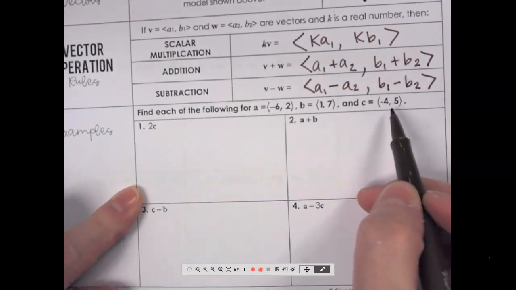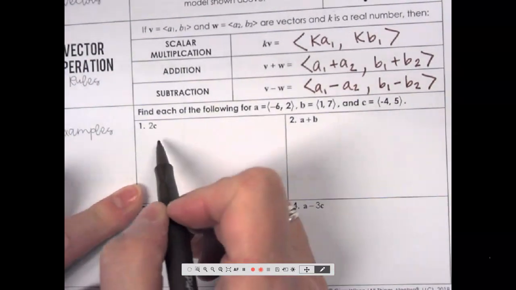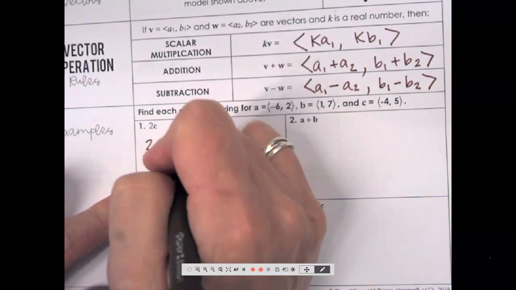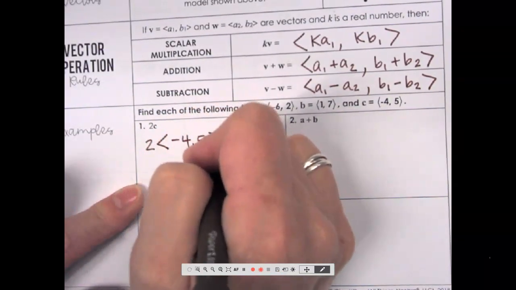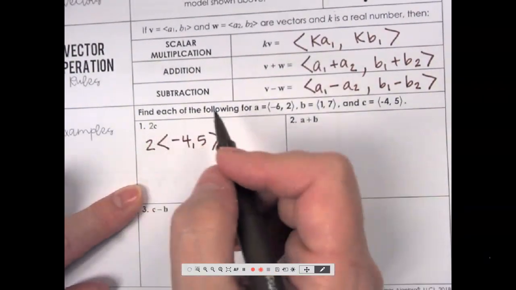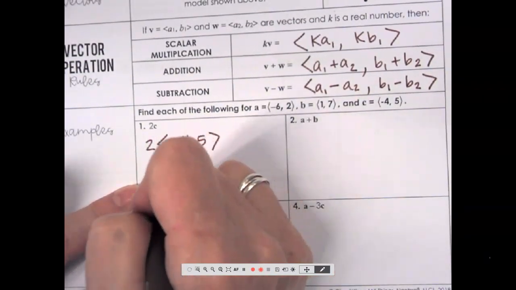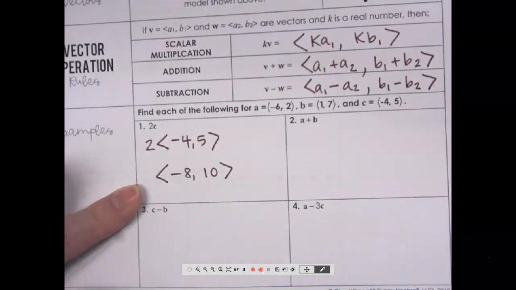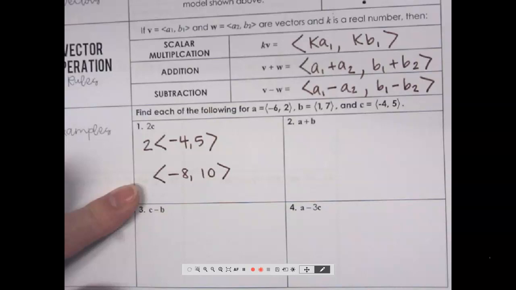Down here, let's use some actual numbers. If I had vector c, which is -4, 5, and I put a 2 in front of it, then it's 2 times vector -4, 5. And then it's like distributing. You just take both those components and multiply them by 2. So the new vector is -8, 10. And that's it.